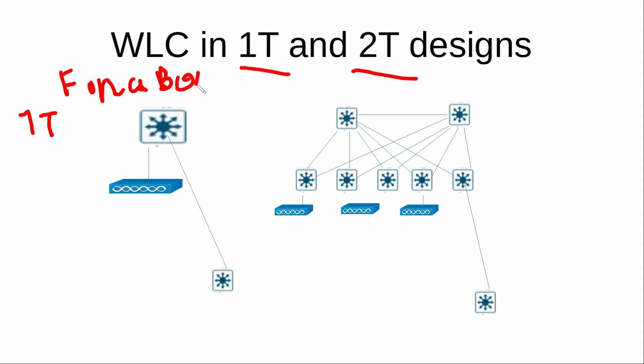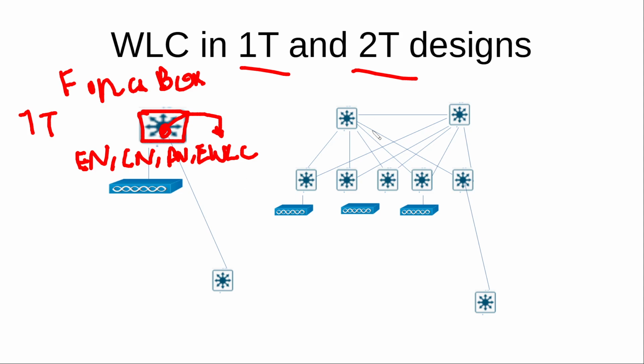That means that you only have one box, one device, and this device is at the same time the edge node, the control node, the border node, and within this device we can run a virtual machine and we can run an embedded wireless LAN controller.